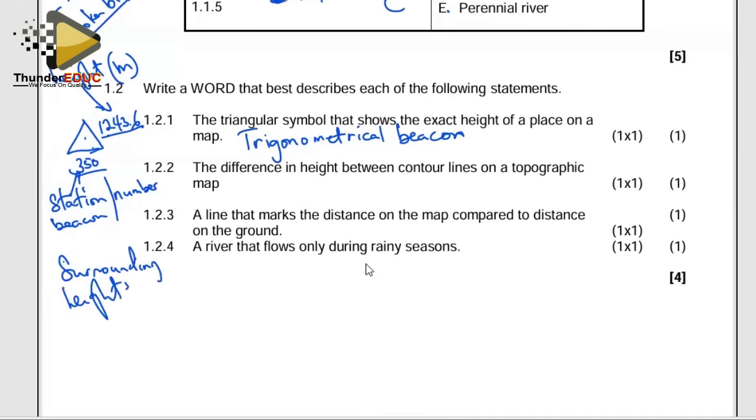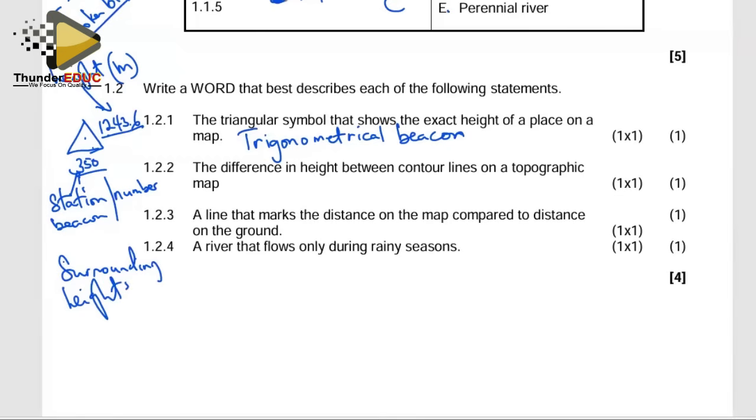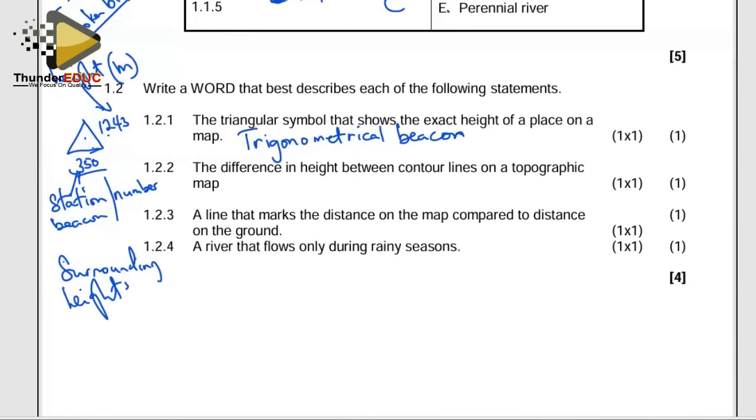Let's say, for example, this one is not a decimal, it's a whole number. Maybe it's just 1243. And now you are confused. The question is saying identify the height of the trig beacon in block whatever, and you are supposed to figure out the height. There's 350, there's 1243.